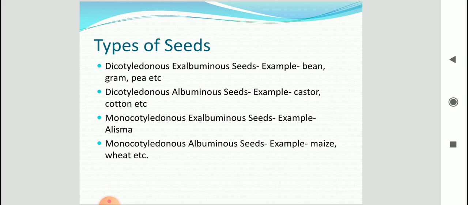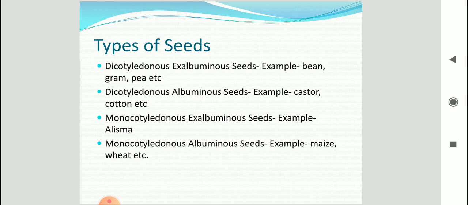The outermost covering, that is the seed coat, then embryo and stored food. Seed coat, there are 2 layers: testa, tegmen. Then we studied about embryo, that is cotyledon, 1 in number or 2 in number. Cotyledons are what? They are embryonic leaves or seed leaves. Prime function is to provide nourishment to the developing embryo.